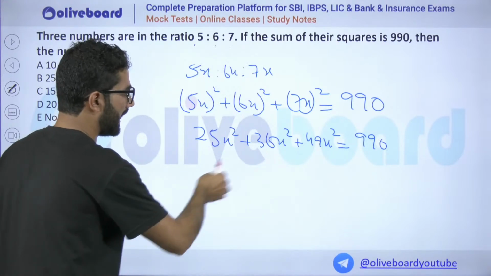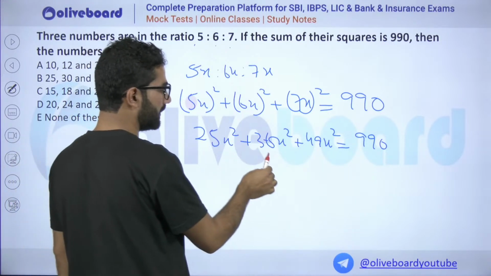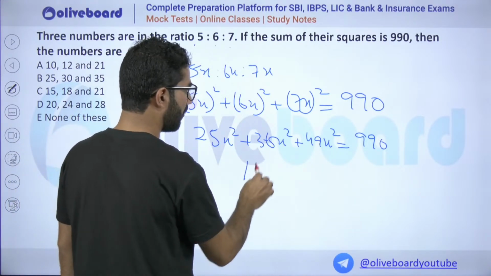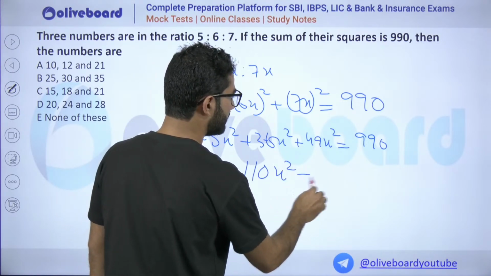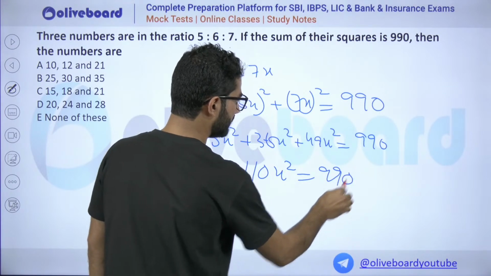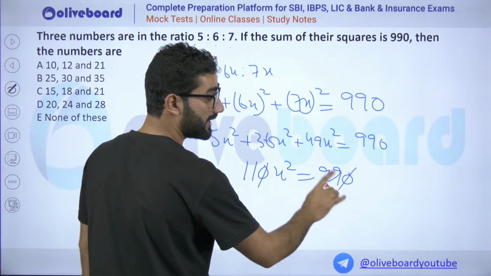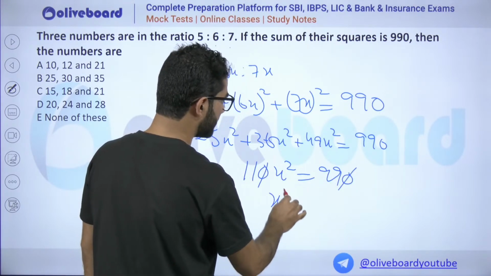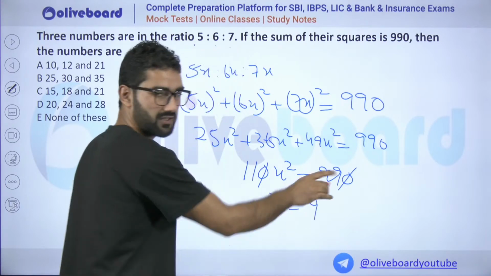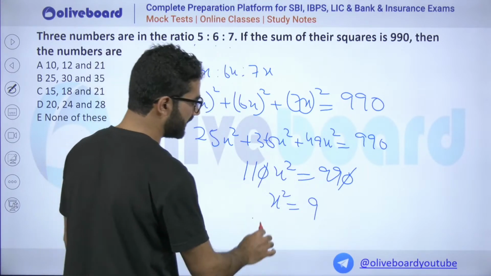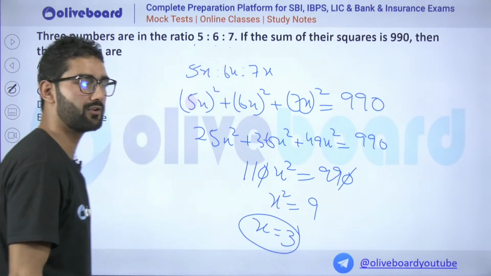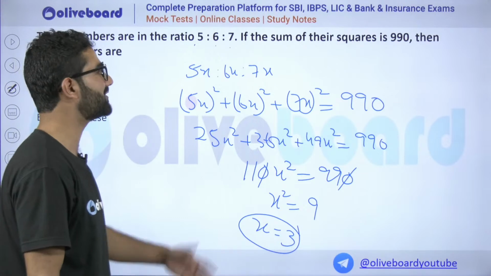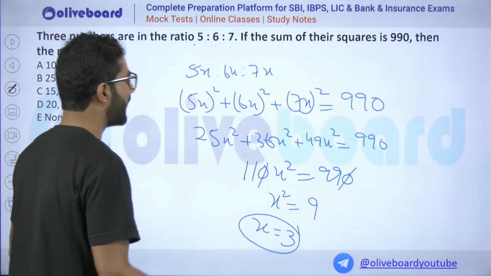The LHS can be added: 25, 36, 49 makes 110x square, so that is 990. 0 can be cut down, if I divide 990 by 11, so x square will be 9. You can make quite fast calculation with these steps, and x is nothing but 3. Here we are not going to deal with the roots plus minus 3, we are just calculating the value of x. So x is 3.